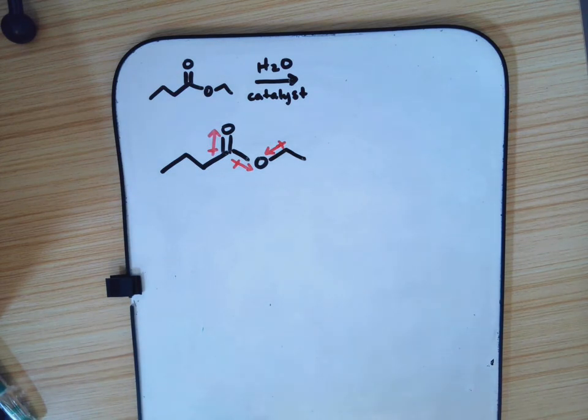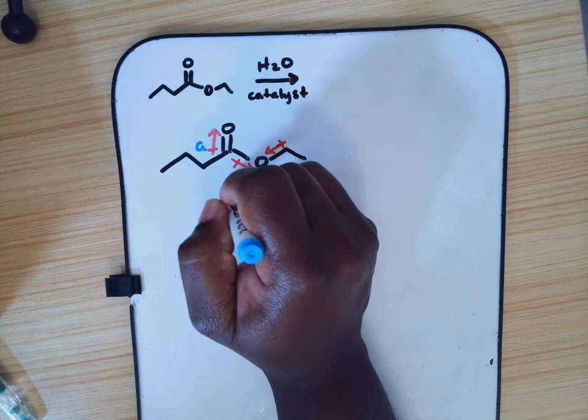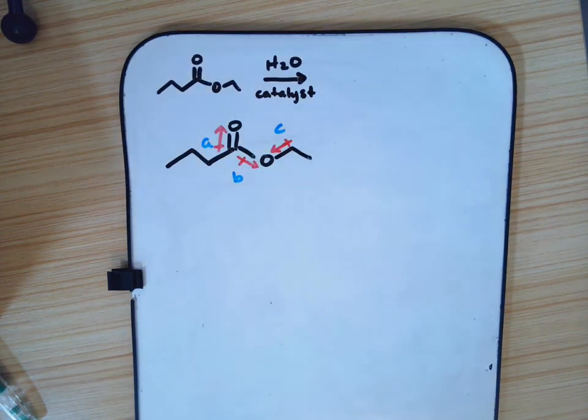So if this carbon can free itself, it doesn't have that tug of war of electrons going on with the oxygen atom. So if we look at the different bonds, I'll simply label where these dipoles are located, A, B, and C, just so that we can distinguish and talk about the different bonds. So A represents a carbon-oxygen double bond. B and C are both carbon-oxygen single bonds.